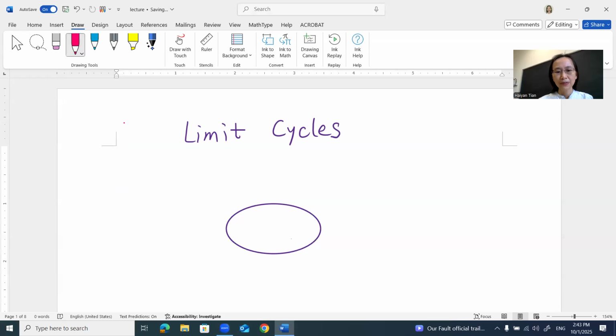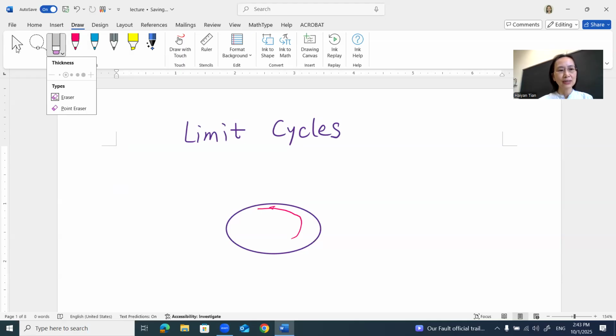So if I have a curve, and if it attracts, for example, from inside or from outside, if you have another integral curve that is being attracted by this, then it is called stable. Otherwise, it is unstable.